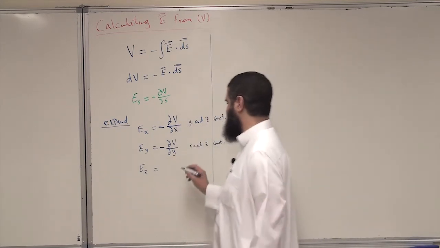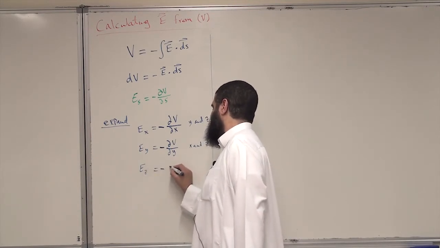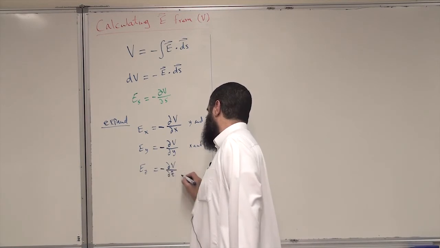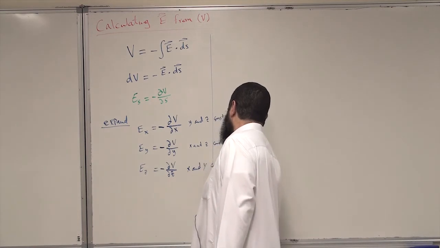And the z component of the electric field will be minus the derivative of V with respect to z, and we consider x and y to be constant.